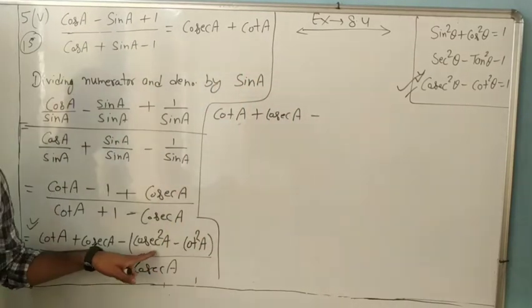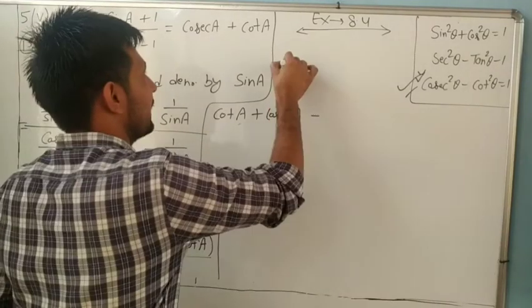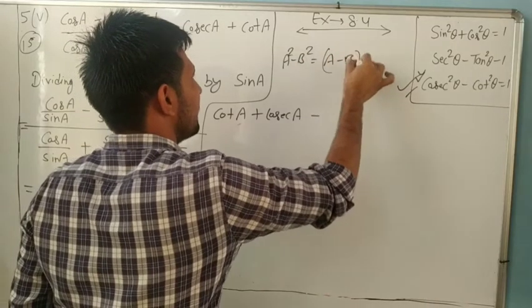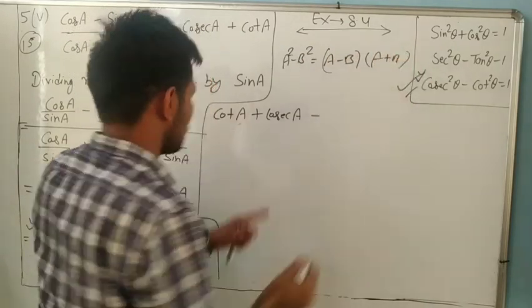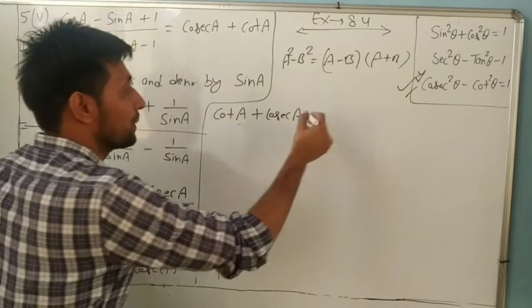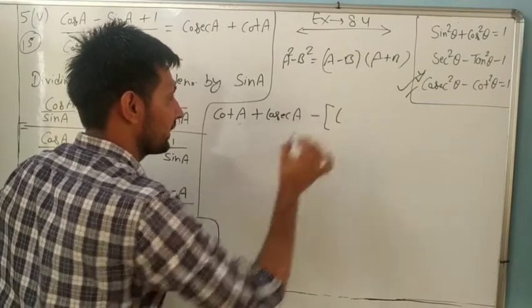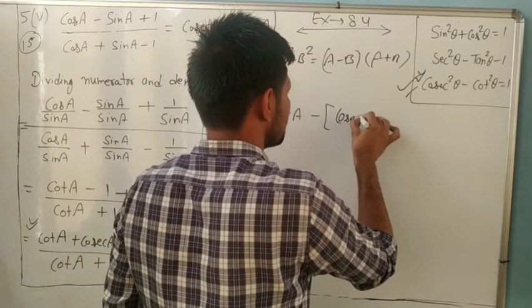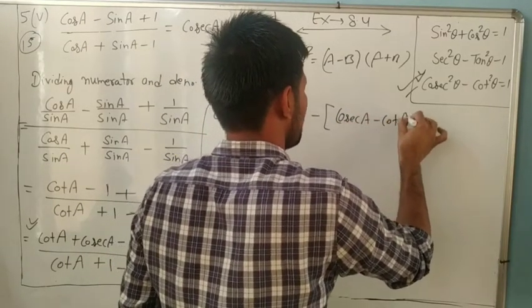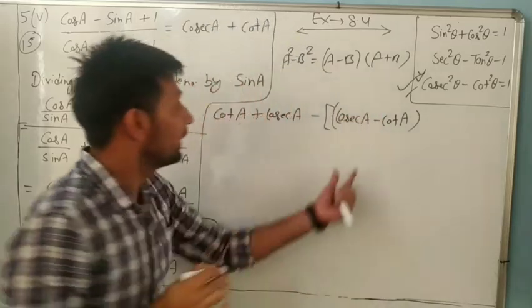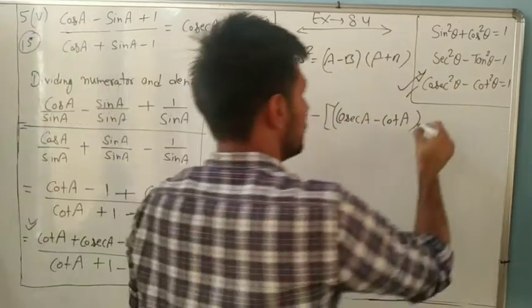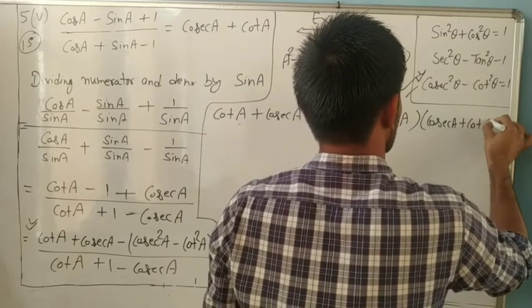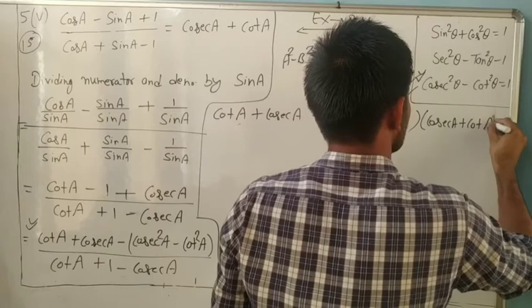Look at it, I am writing the formula here: A square minus B square is always A minus B, A plus B. So it is minus here, use a bracket like this, and now bracket. A minus B, cosecant A minus cot A, and close the bracket. A minus B into A plus B, cosecant A plus cot A.